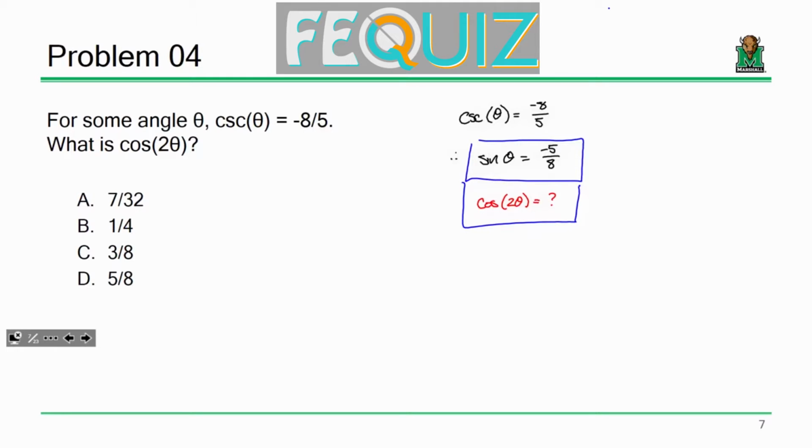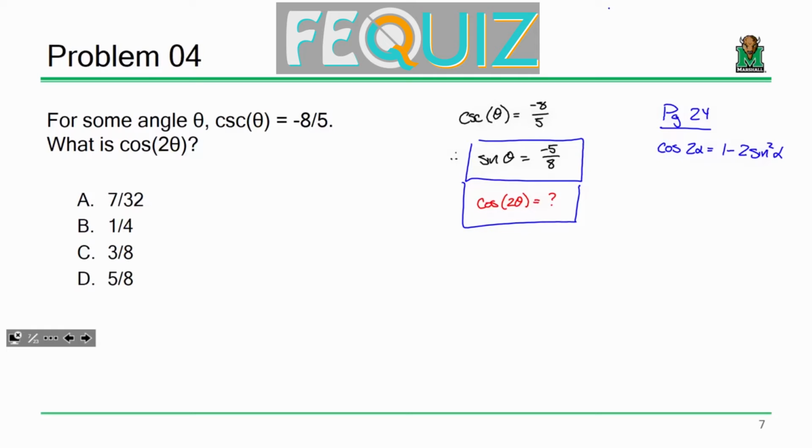What about this one? On page 24, about middle of the way down, I see that the cosine of 2 alpha is 1 minus 2 sine squared of alpha. Everybody see that?